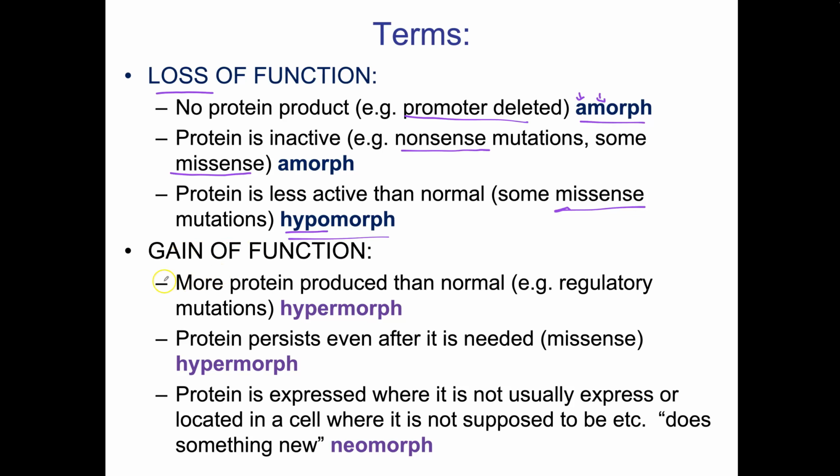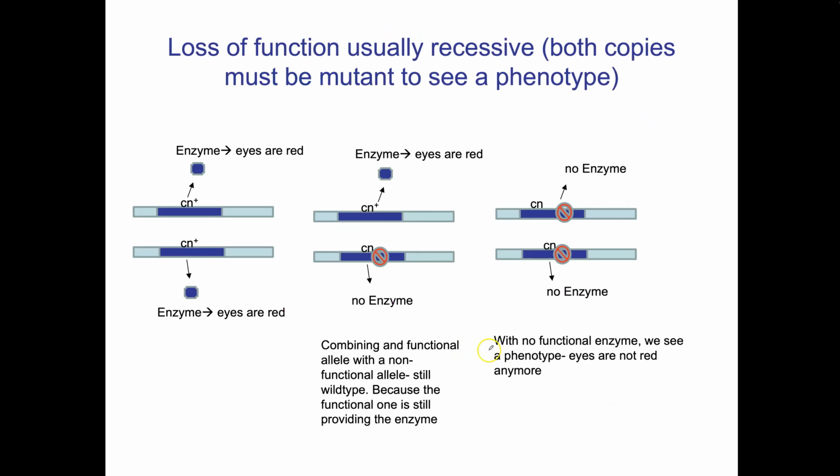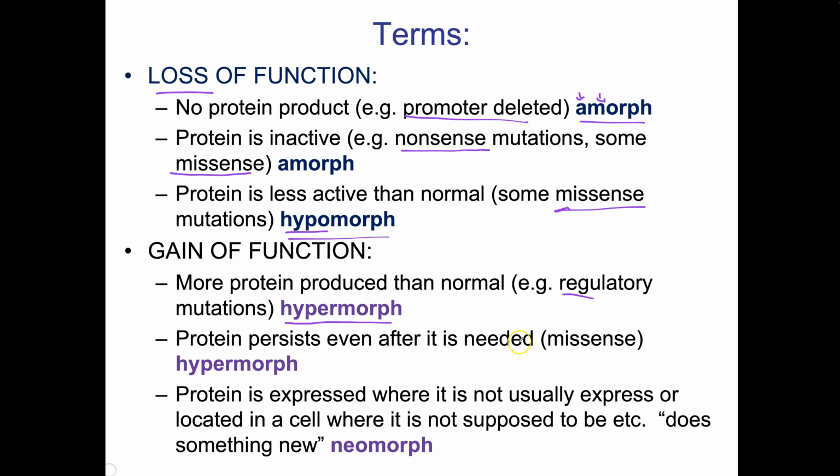The gain of function has categories too. There's certain kinds of regulatory mutations that can lead to hypermorph. Hyper means over, so that means too much. So the protein is produced more than normal. The protein persists, as I said before, it can't be cleaved, or it can't be broken down or recycled, or shut off when it's supposed to be shut off.